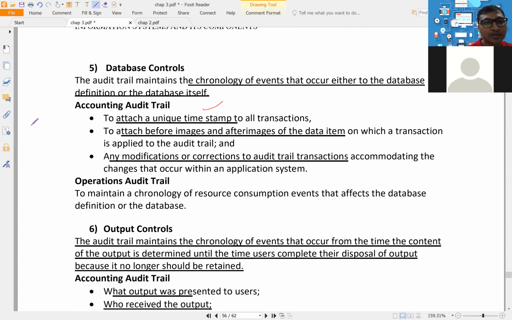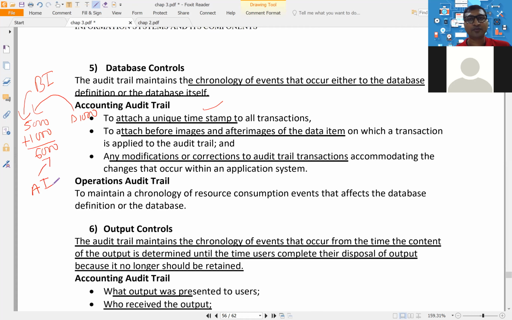Again, I'm showing you. Suppose my account balance is 5,000, and I'm making a deposit of 1,000. So obviously 5,000 plus 1,000, my amount will be 6,000. So after this transaction is updated, you should understand 5,000 was the before image and 6,000 is the after image.